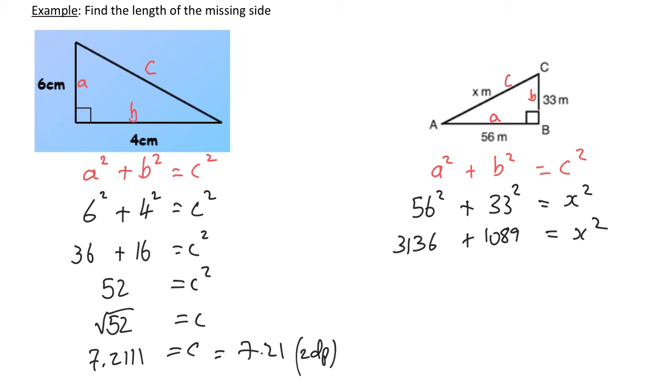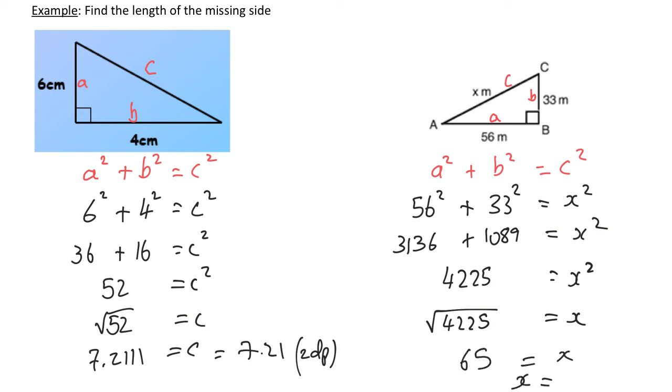If we add those two together, we get 4,225 is equal to X squared, and then taking the square root, 4,225 will give us the length of X, and that is 65 is equal to X, so X equals 65 centimeters, and there should have been centimeters in the first example as well.